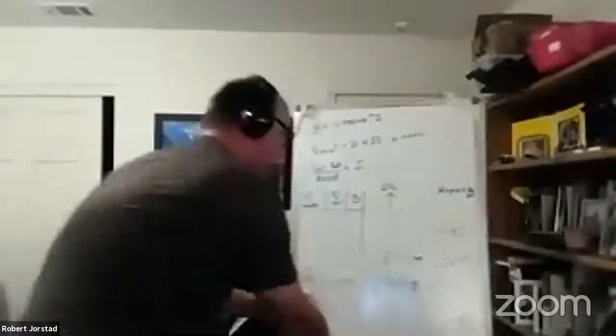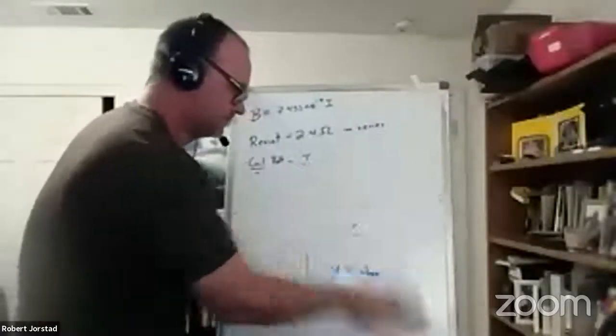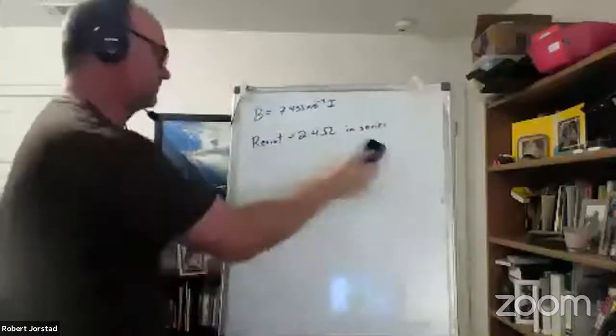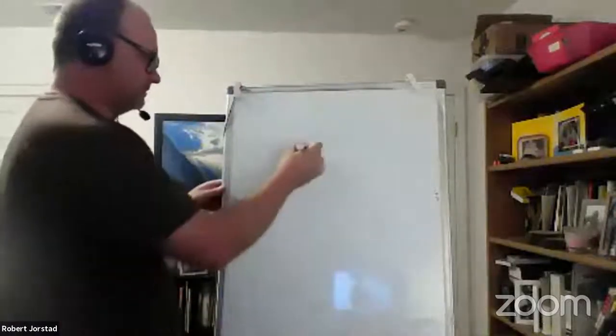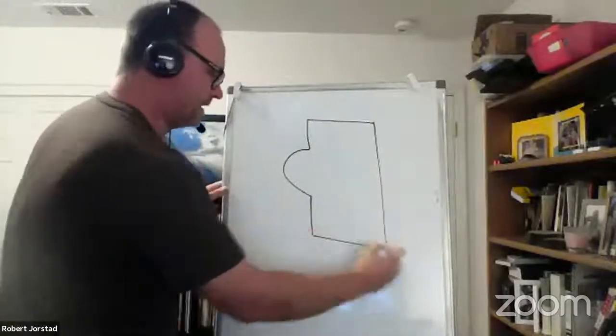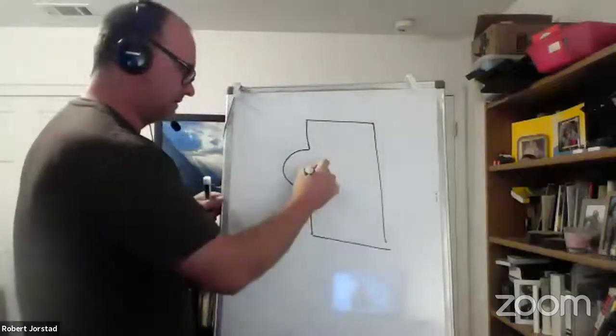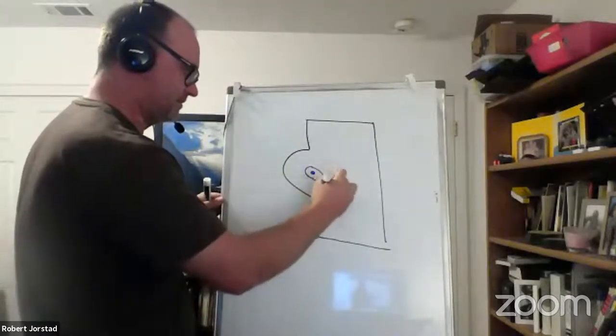So if we have this loop here, and we know that the B field at this point right here was out of the page.